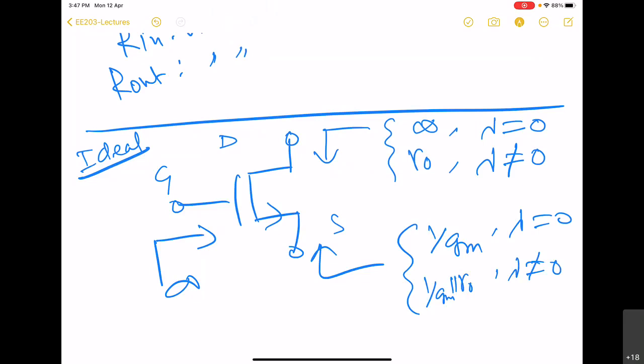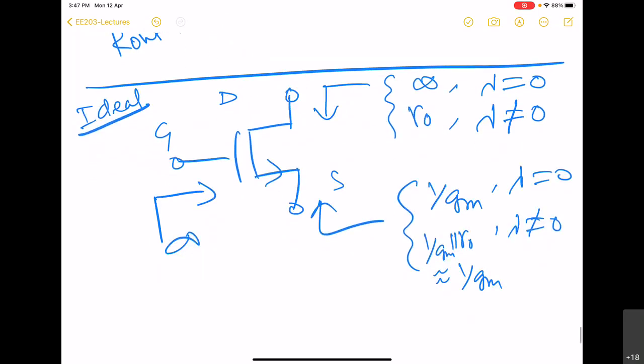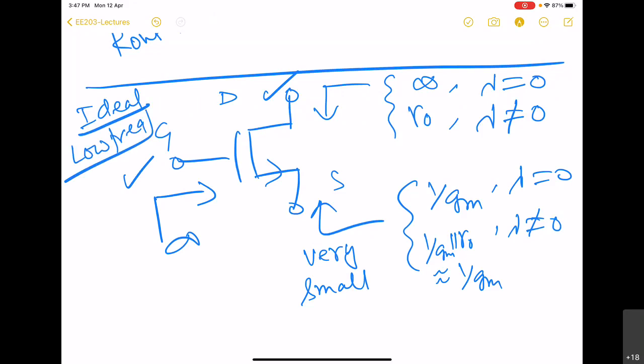And since 1 by GM is very small compared with R0, it again translates to 1 by GM. And 1 by GM is very small, definitely compared with the drain case and the gate case. So this is the ideal and low frequency scenario.